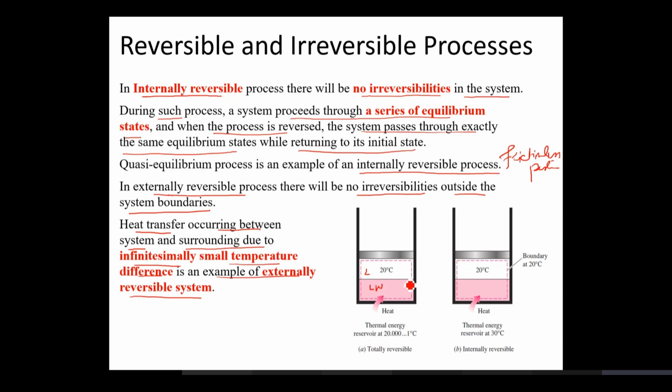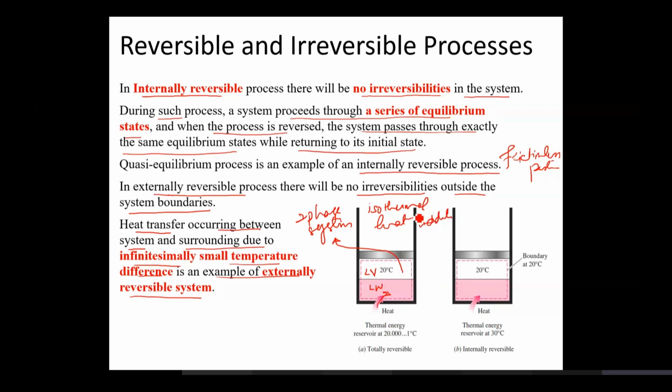So you have liquid water and vapor in equilibrium. This is basically a two-phase system. So any heat addition to a two-phase system, as long as the system remains two-phase, would be an isothermal heat addition.